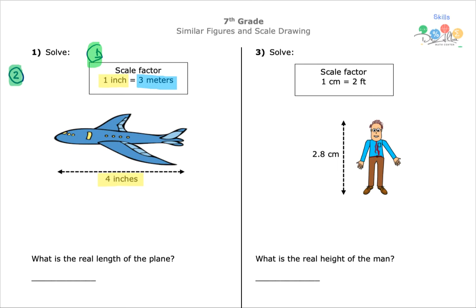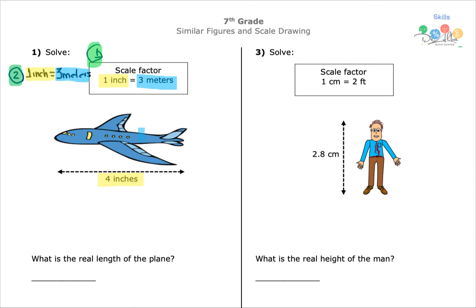And so here it's going to say when I have 1 inch, the scale factor is 3 meters, right? And I put this in yellow and the 3 meters I'm using blue.